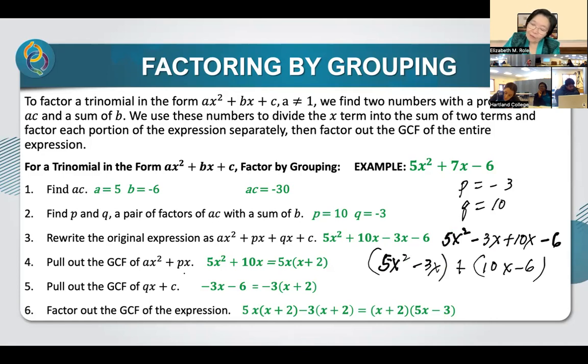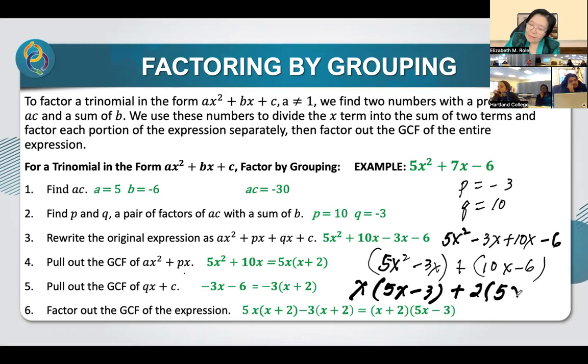Then I factor out x, common between 5x squared minus 3x, and so I will now get 5x minus 3. Common in 10x minus 6 is 2, and that will now be 5x minus 3. So now 5x minus 3 is common.